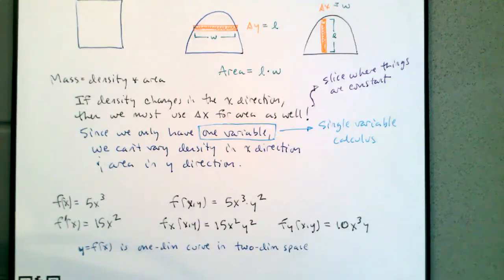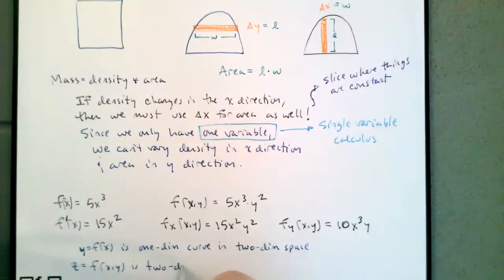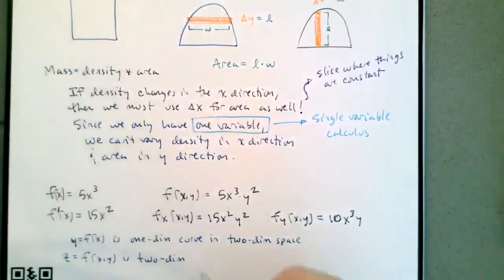So if I up this to a function of two variables, well, it's a function of two variables, so it's going to be a two-dimensional thing. And I can't call it a curve anymore because it's two-dimensional. So I call it a surface. That's what a two-dimensional thing is.